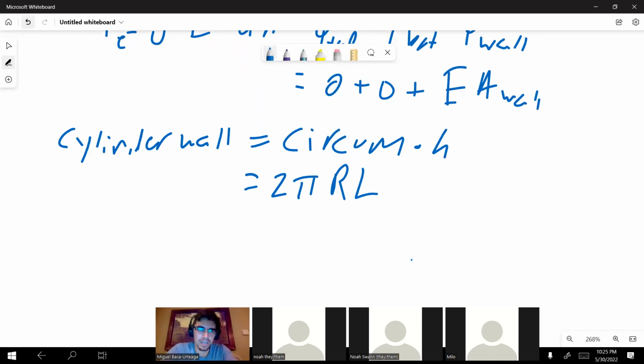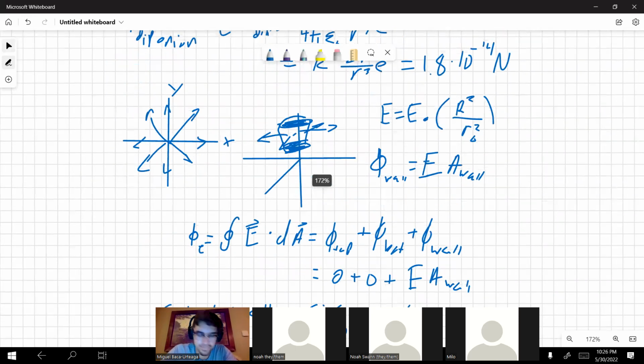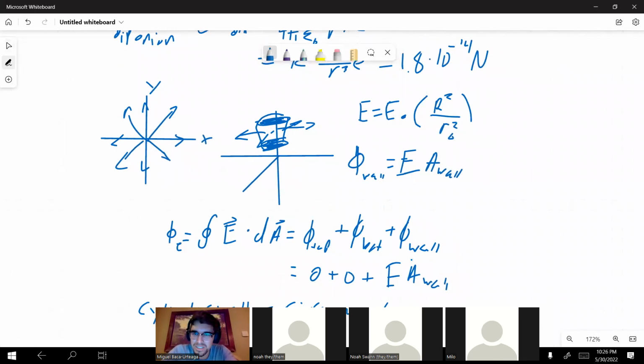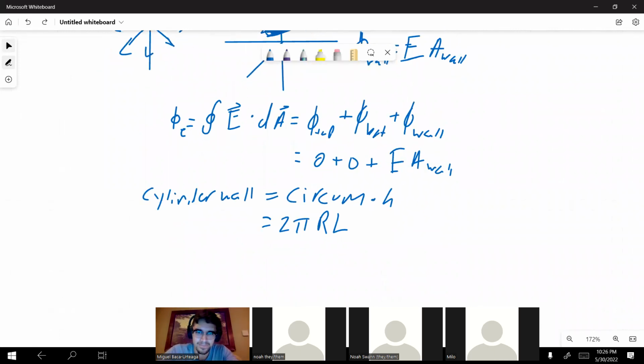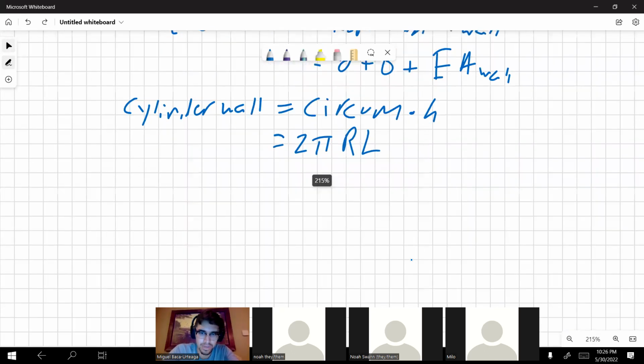So the equation that we get, let's see, did we write it down earlier? Yes, we did. So this right here is what we're going to be using. Except in this instance, we're also multiplying that by the area of the cylindrical wall.